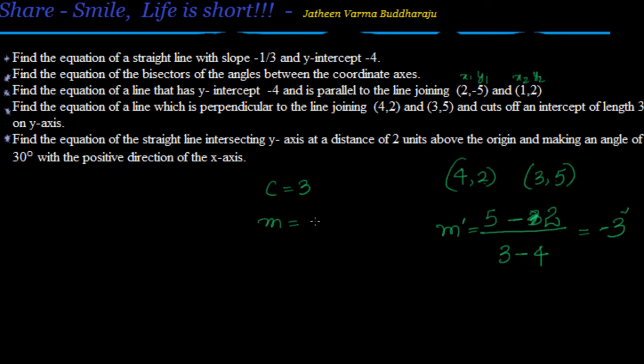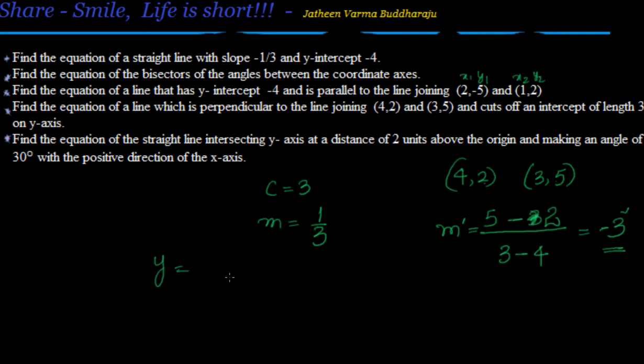If m dash is minus 3, we know that for two perpendicular lines the product of the slopes should be minus 1. So the other one should be the reciprocal multiplied by minus 1, which is 1 by 3.